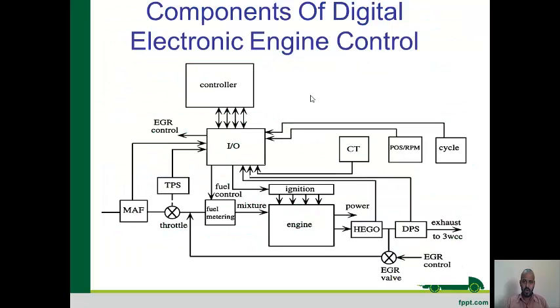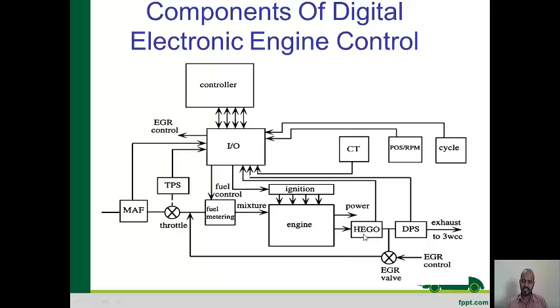So this is again a block diagram of engine control functions. A typical controller has an input and output module, which consists of the typical input sensors and the output actuators. Like here you might be able to see the manifold airflow sensor or mass airflow sensor, throttle position sensor. Fuel metering is nothing but the injector. So this belongs to the MPFI engine.